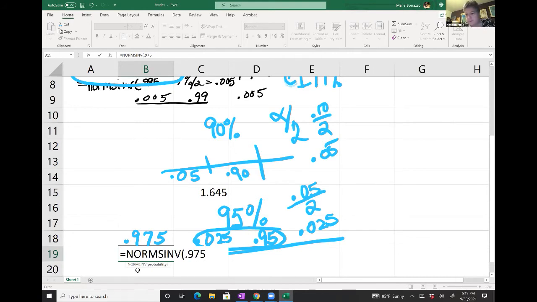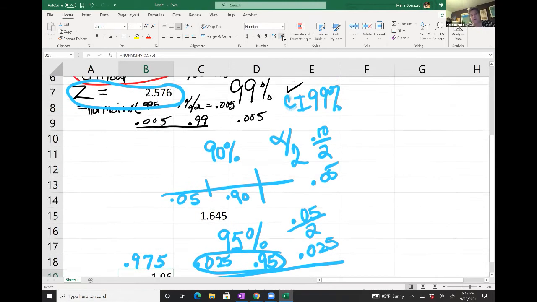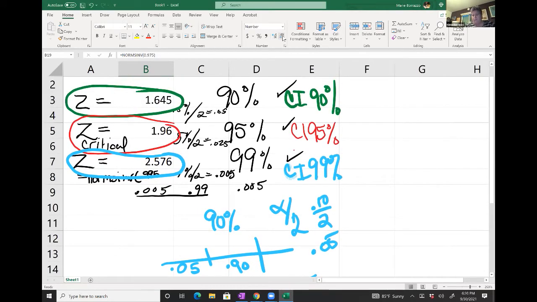Are there any other questions coming to your mind? Okay, and when I hit that, you see how we have 1.959964, which I want to shrink to 1.96, which again, look up here, I already did that for you. That's the critical value.